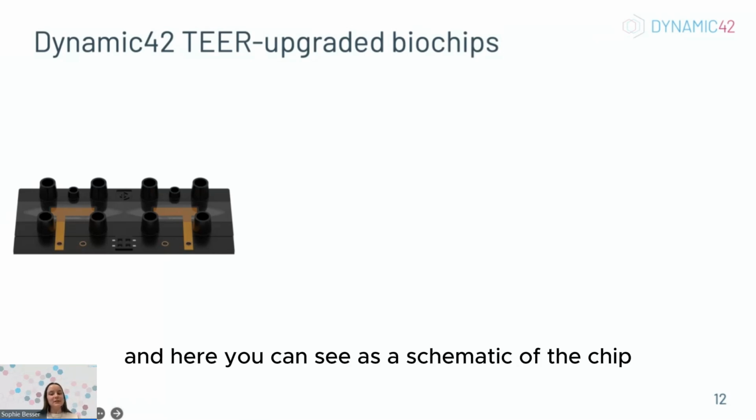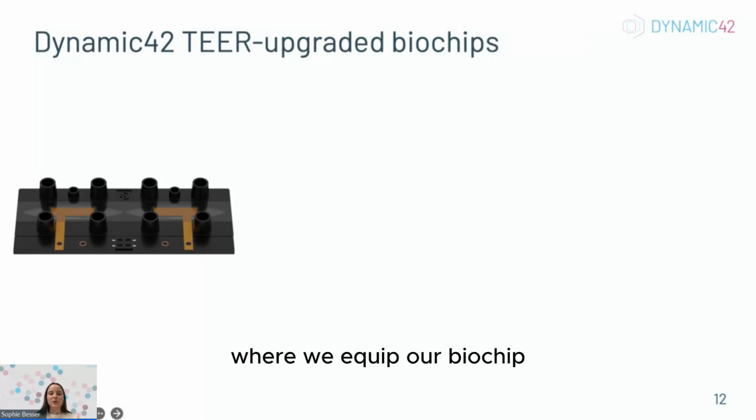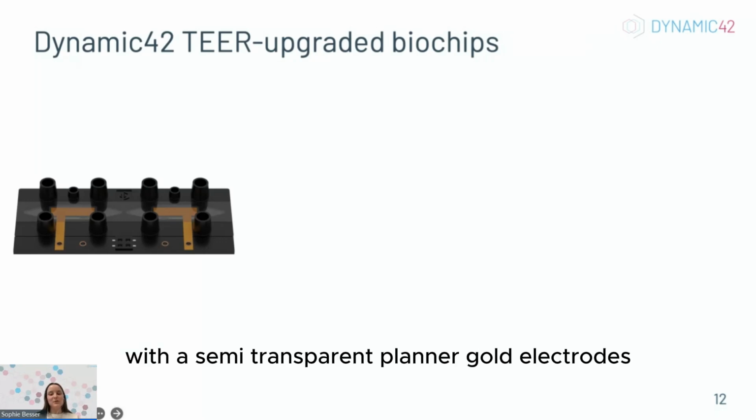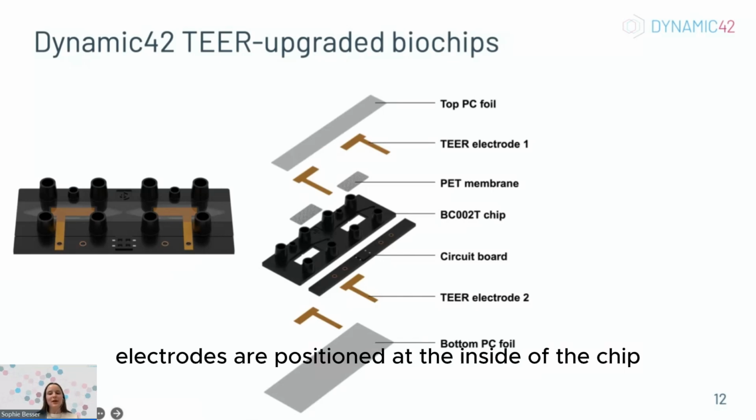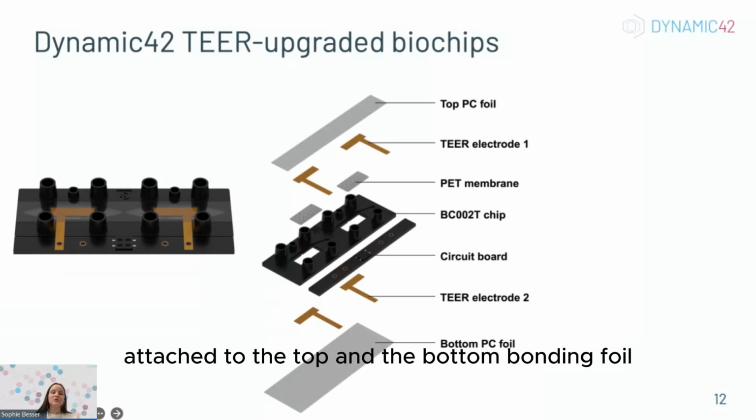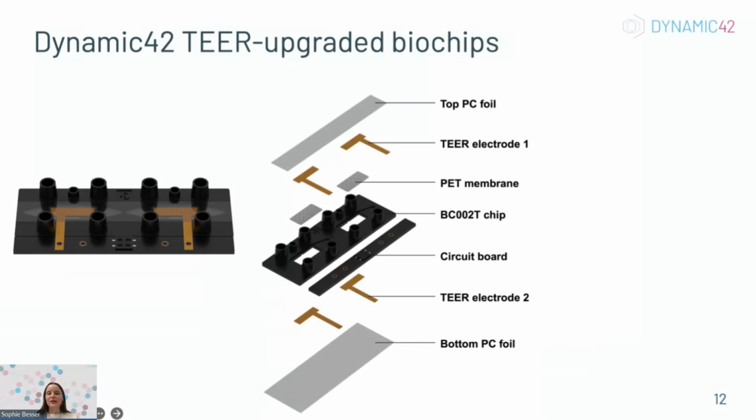Here you can see a schematic of the chip where we equipped our biochip with semi-transparent planar gold electrodes. In this explosion view, you can see that the electrodes are positioned at the inside of the chip, of course attached to the top and the bottom bonding foil.